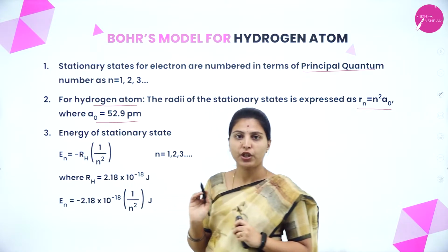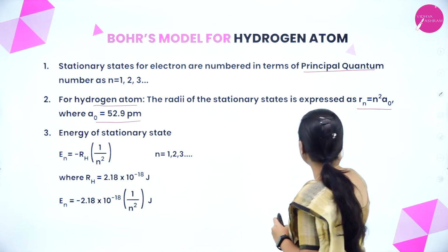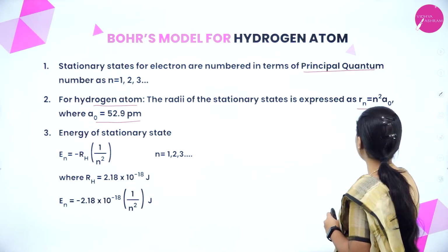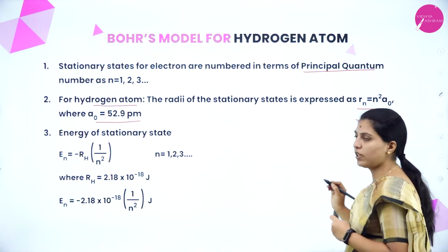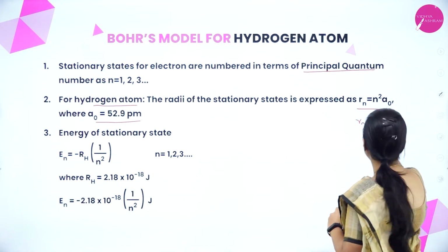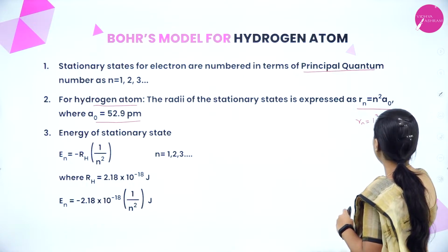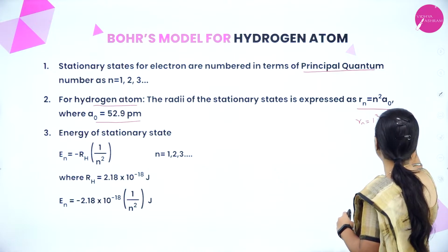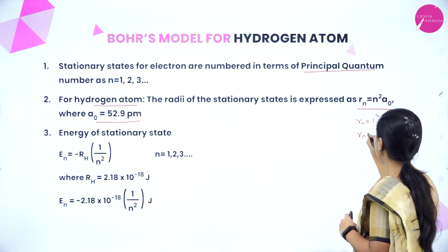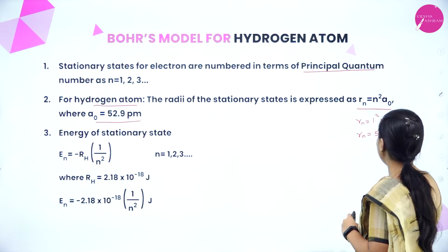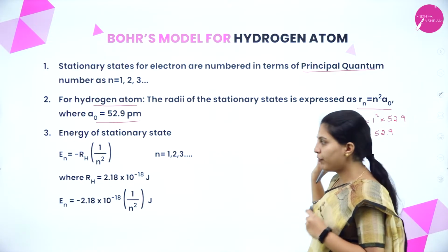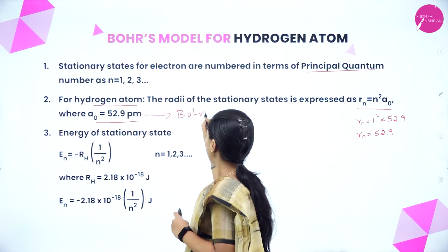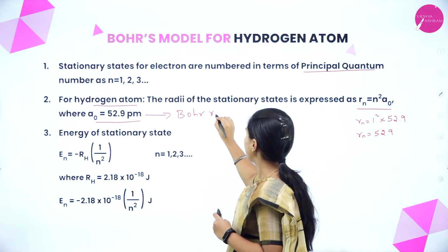For this equation, we can substitute for hydrogen, which has only one electron, n equals 1, so 1 square into a naught, that is 52.9. We get Rn equals 52.9. Since we get 52.9 itself, we call this one the Bohr radius also.